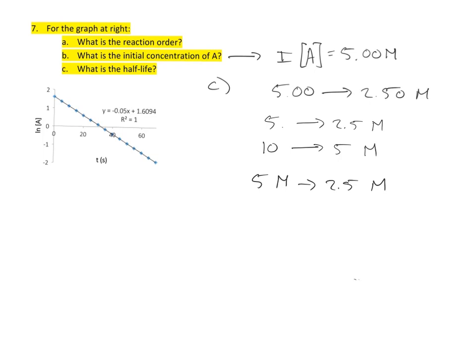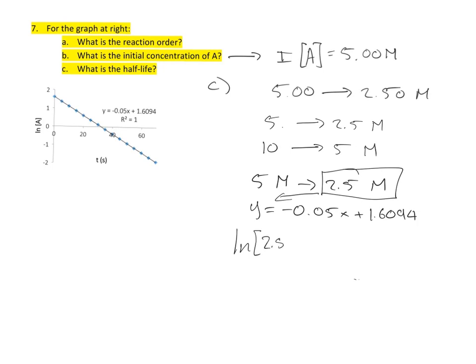So again, with our equation, we have y equals negative 0.05x plus 1.6094. So now we need to figure out how long it takes to get to 2.5 molar. So we're going to plug that in to y, but we're not plugging in for y, we're plugging in for ln of A. But A is going to be 2.5 molar.